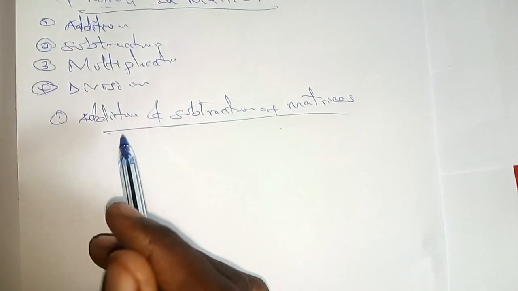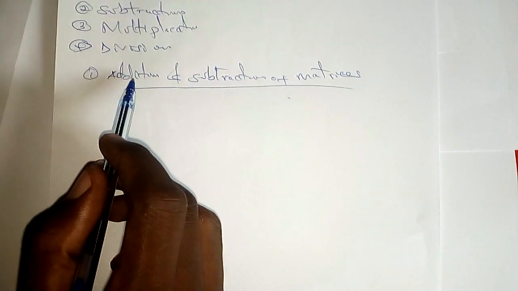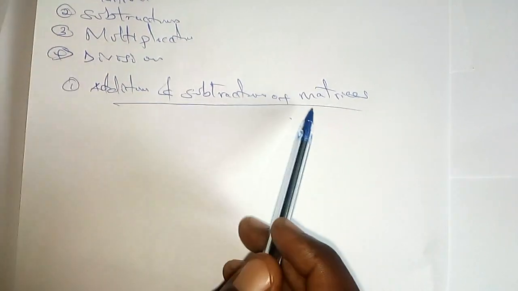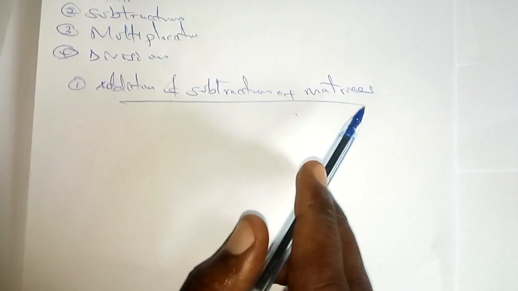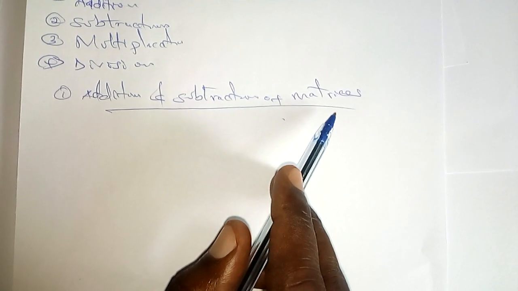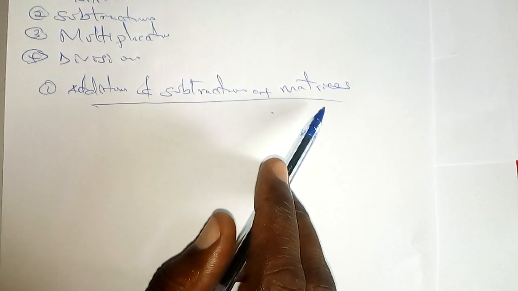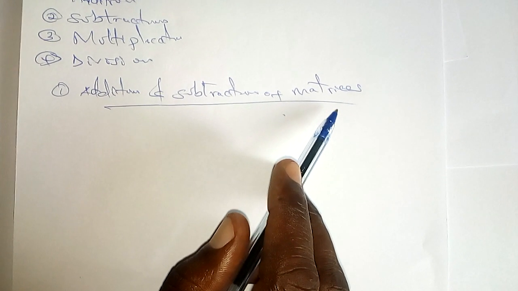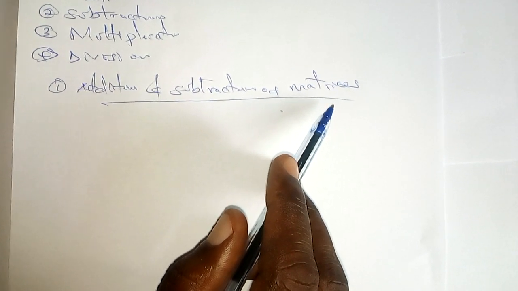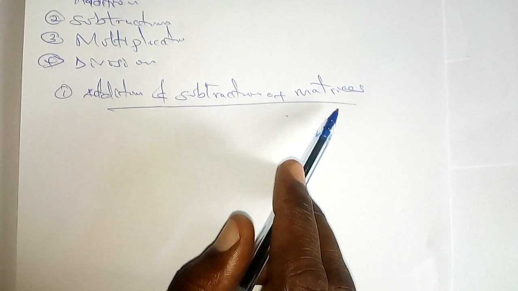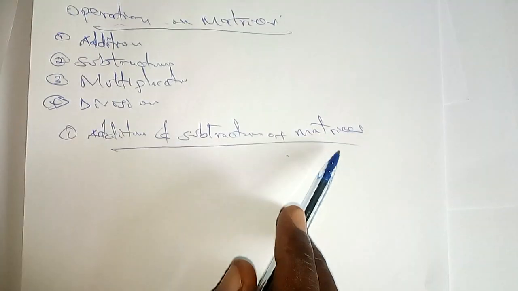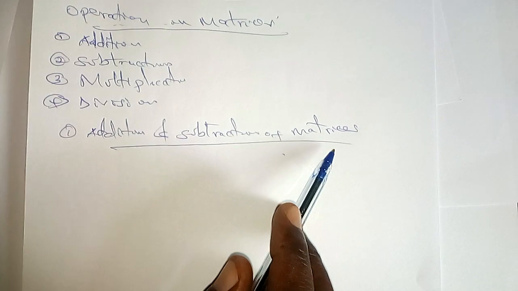We can note that addition and subtraction is only done where 2 or more matrices are of the same order. They must be of the same order before you add a matrix to the other.